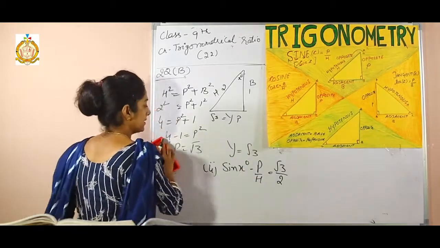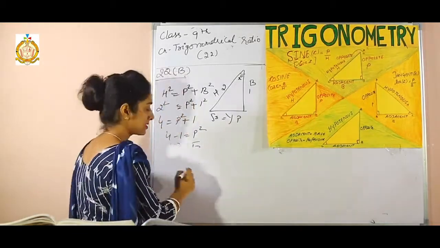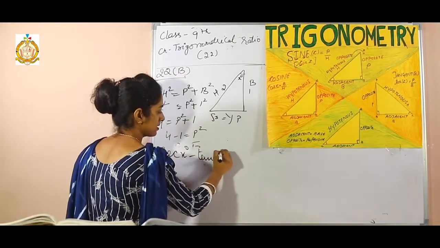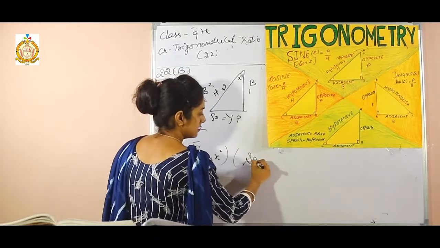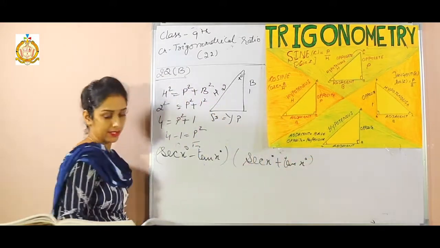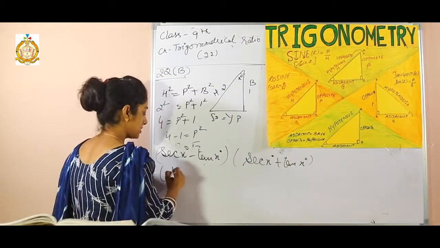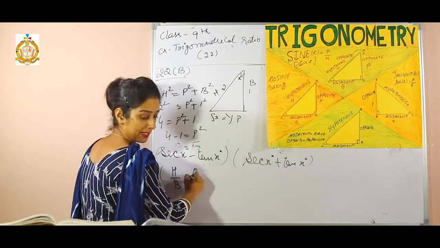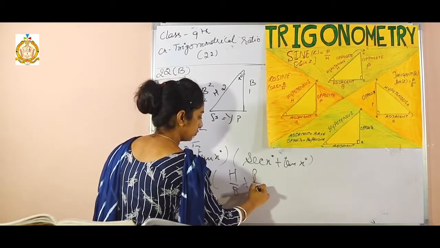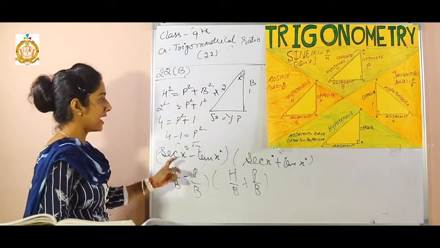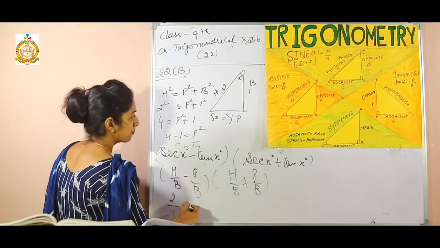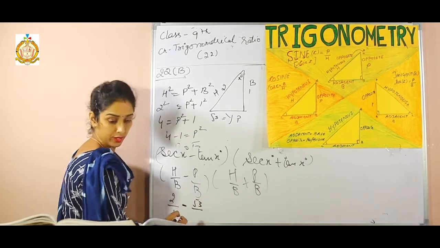And its third part is secant x minus tan x, and secant x plus tan x, right? Now secant is h over b minus p over b, h over b plus p over b. Now what is h? H is 2 and b is 1 minus p is under root 3 over 1.